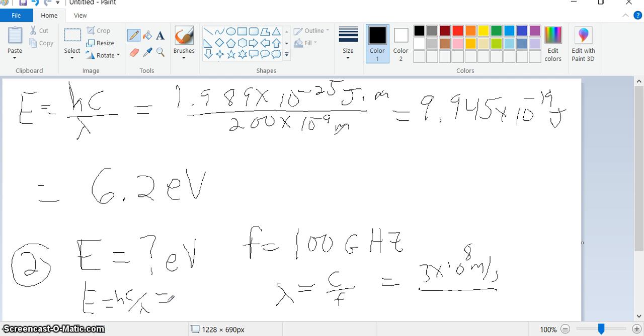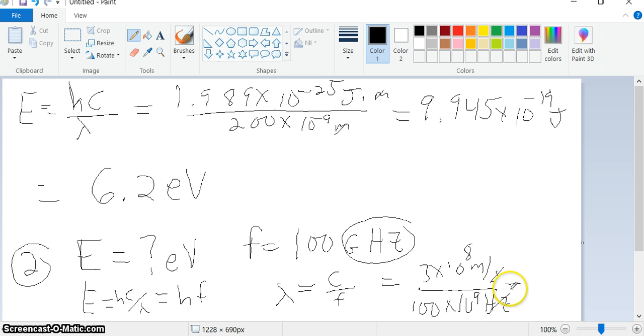Remember, the original equation that Planck came up with was h, Planck's constant, times the frequency. You could change the frequency to wavelength, and that's perfectly fine. The one thing you do have to do is the gigahertz has to be just in hertz, not giga. So it would be 100 times 10 to the ninth, because that's what giga is, and hertz and 1/seconds are the same thing.